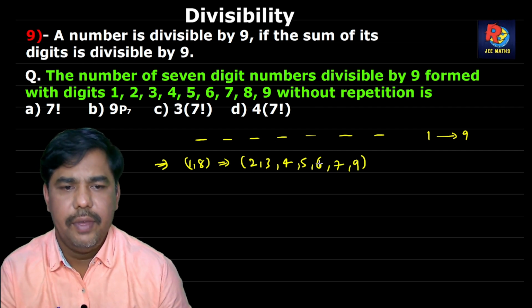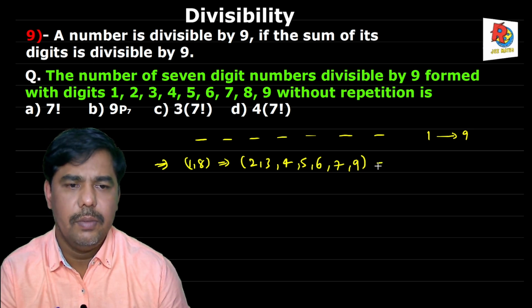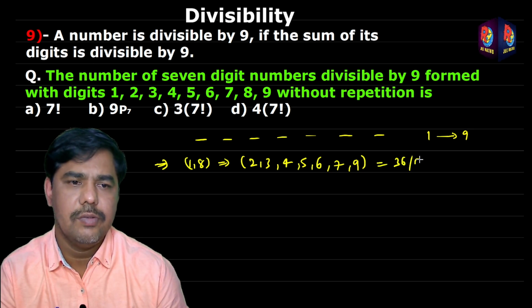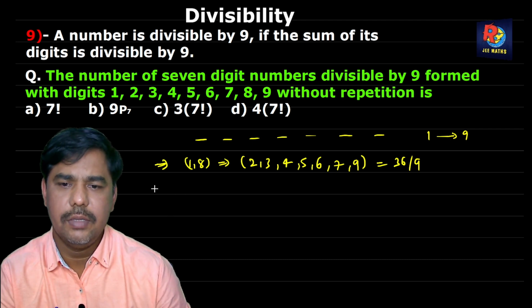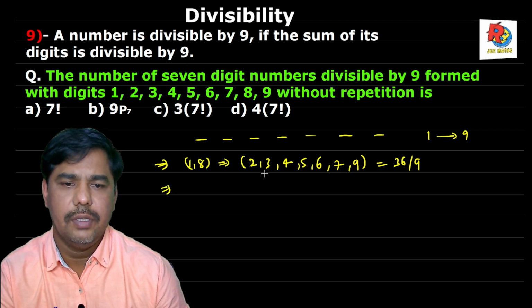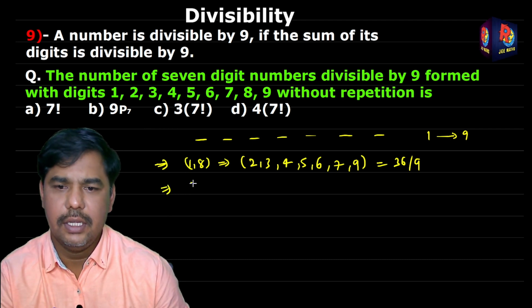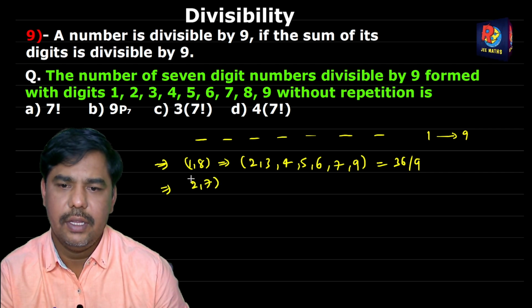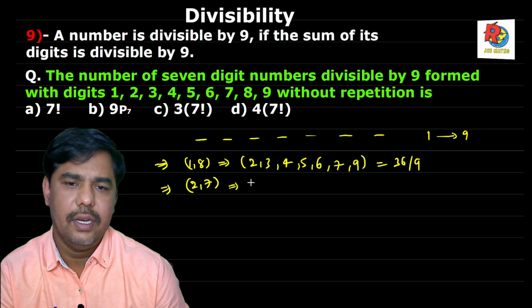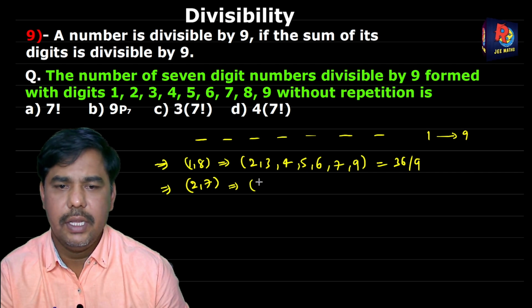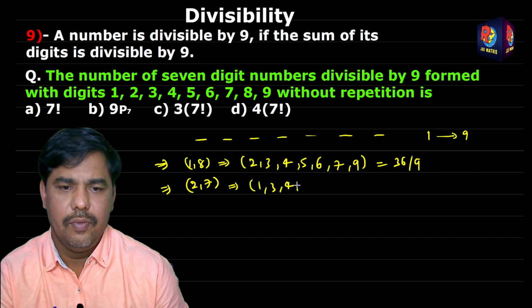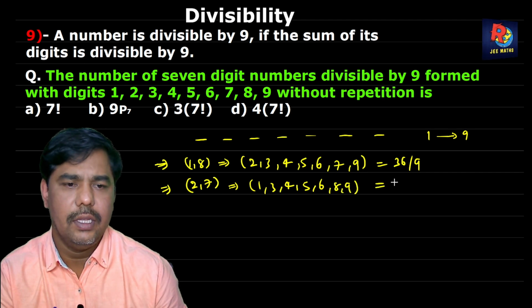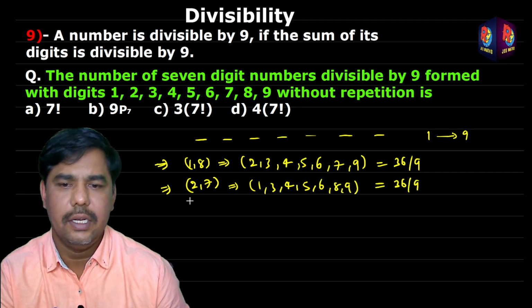If I add all those, it will be 36, which is divisible by 9. So it is possible. The next one, I take 2 and 7. Then the remaining are 1, 3, 4, 5, 6, 8, 9. Again it will be 36, divisible by 9.